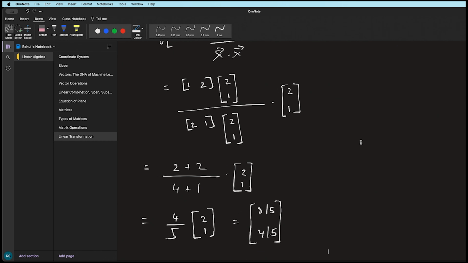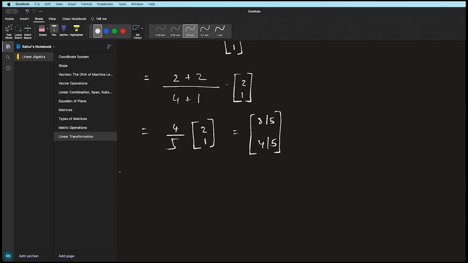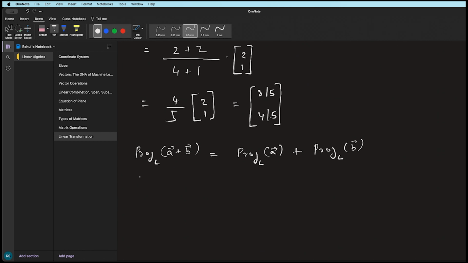In order to begin with this approach, we first need to understand two properties. The first property is that the projection must be closed under addition. That means the projection of the sum of two vectors a plus b on line L should be equal to the projection of vector a on line L plus the projection of vector b on line L. And the second property is that it must be closed under scalar multiplication.